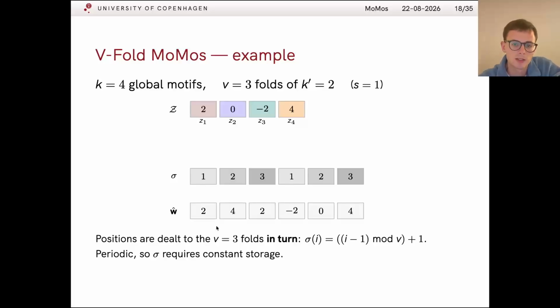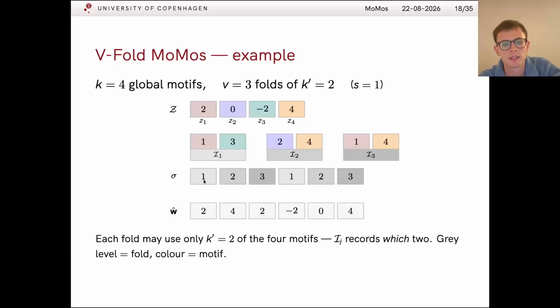The blocks are partitioned, and so the first block is assigned to fold 1, the second fold 2, the third fold 3, and it repeats in a periodic fashion. And then the blocks that belong to the first fold can index only the motifs in the first fold, while the blocks that belong to the second fold can index only motifs in the second fold, and so on.